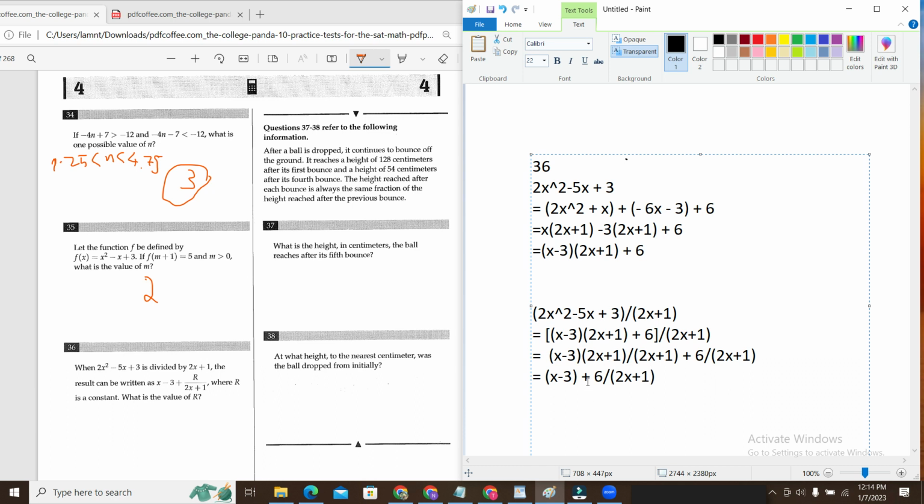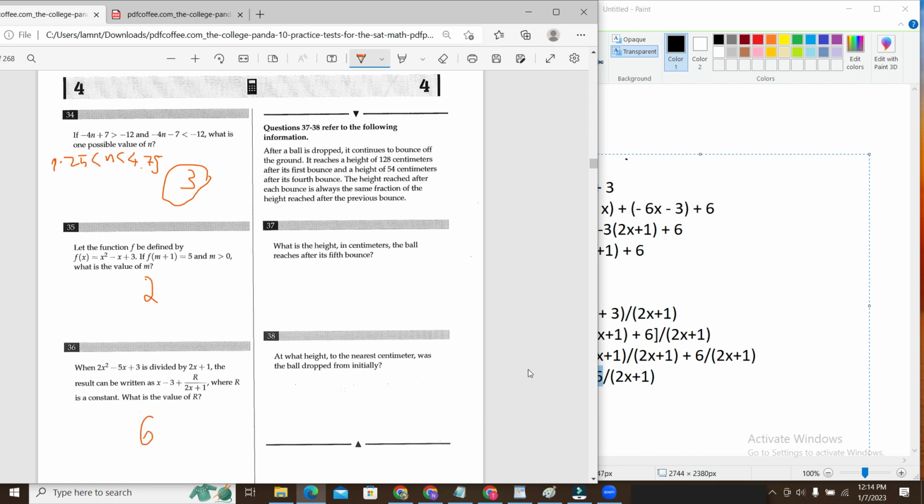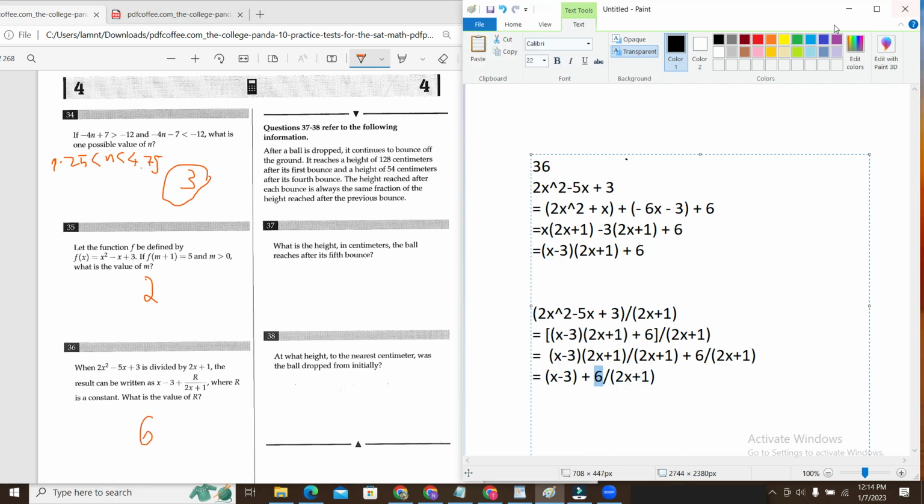So you can see here, this is actually R. 6 is actually R, because R is a constant, so R is equal to 6, because 6 is here.